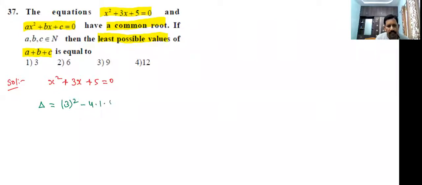Here observe that 3 square means 9. 9 minus 20 is minus 11, less than 0. Discriminant less than 0 means the roots are complex and conjugate.